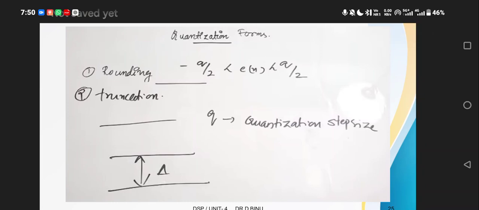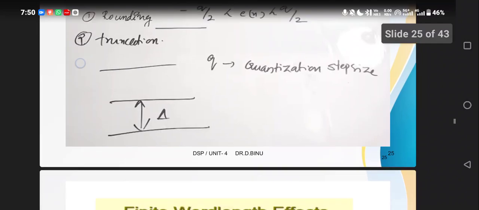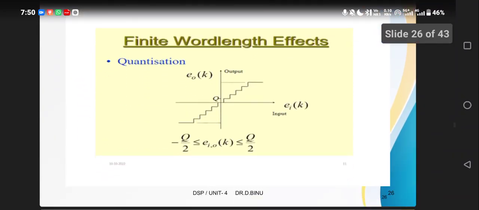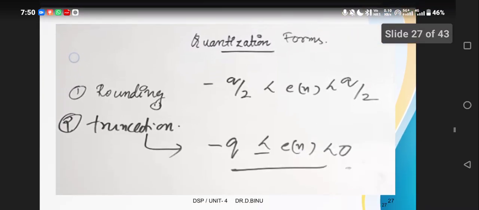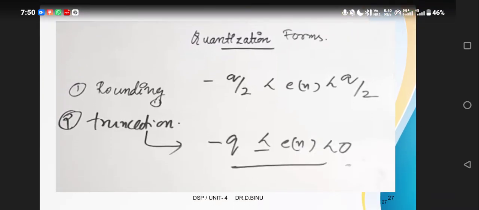In rounding, e of n lies between plus q by 2 and minus q by 2. Finite word length effect. In truncation, e of n lies between minus q and 0.